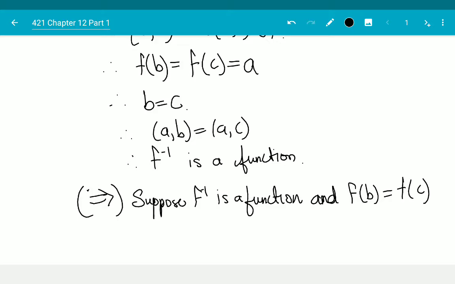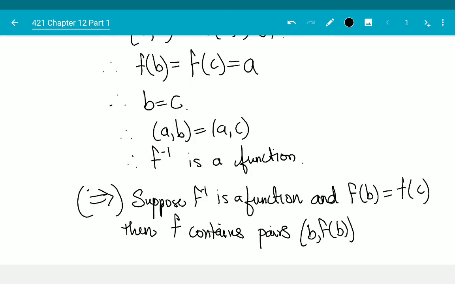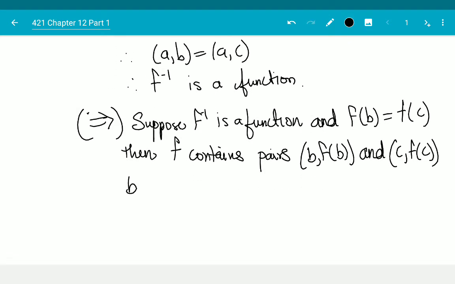Then f contains the pairs (b, f of b) and (c, f of c), but (c, f of c) is equal to (c, f of b).